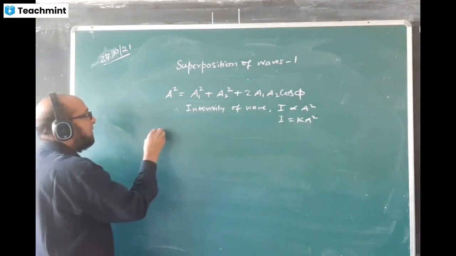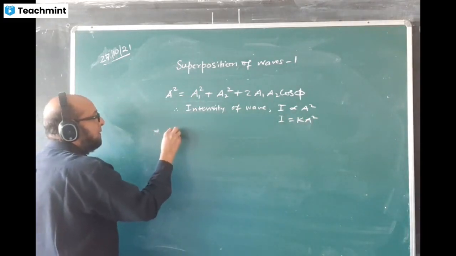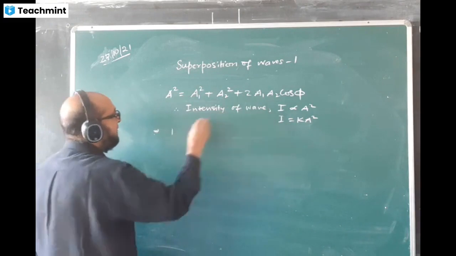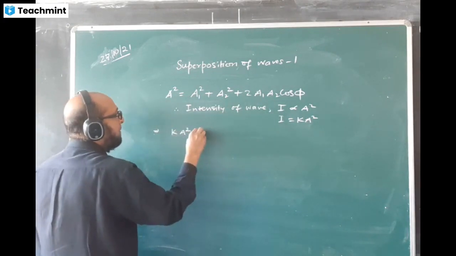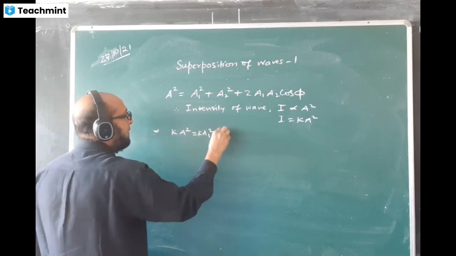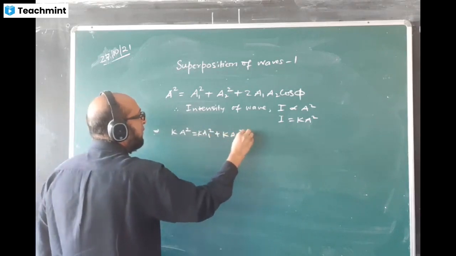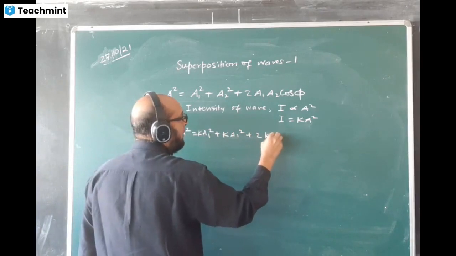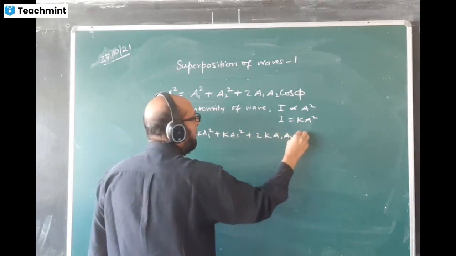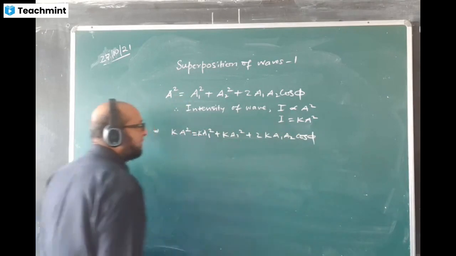If you put the value here, multiply by k everywhere. It will become k A1 square, k A2 square, 2k A1 A2 cos phi. We are multiplying both sides by k.